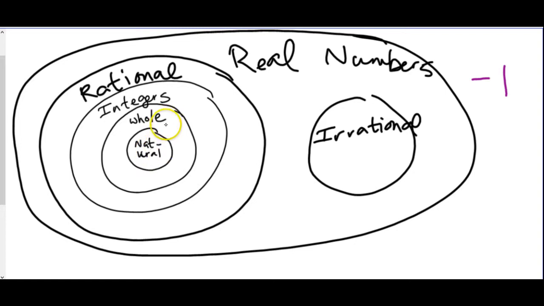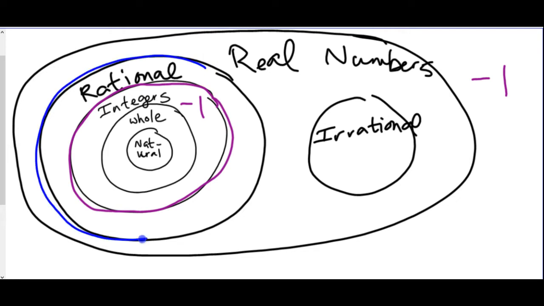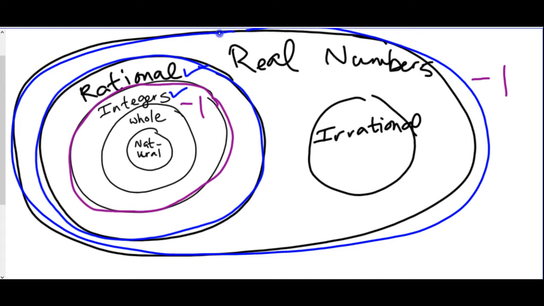Whole, -1 doesn't fit because that only was 0 and all the positives. Integers, -1 does fit in integers. So we are in this circle, but that means we're also in some other circles. Rational numbers still make a circle around integers, so -1 is a rational number. And then the biggest circle of all, real numbers, it's also a real number.